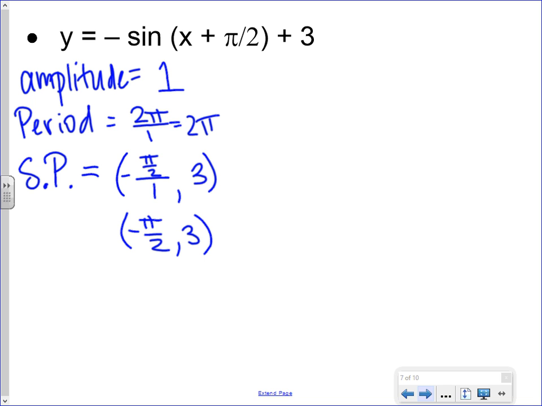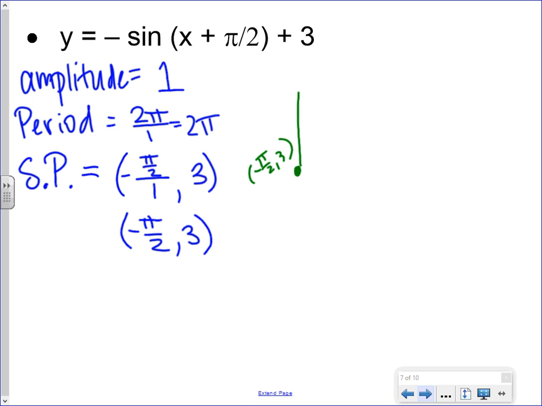Now what we're going to do, very lightly, you're going to construct your frame. The frame isn't actually a part of the graph. It's just a rectangle to help you reference where everything should go. So you're going to draw it really lightly. We have a starting point of negative pi over 2, 3.